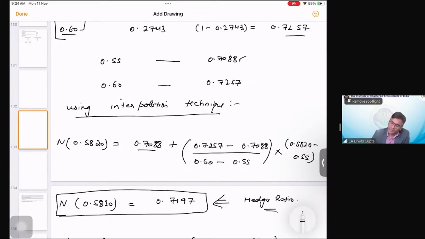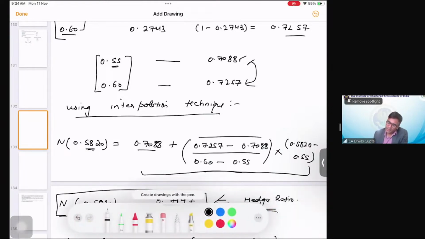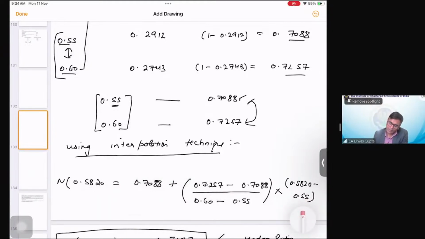Then you take the difference between higher and lower value in the numerator. Then in the denominator you take the difference between the observation values, 0.60 minus 0.55. And then finally you multiply by the difference from the small value to the value at which you want to arrive, 0.5820 minus 0.55, right? So this is the entire interpolation formula. Using this we have calculated the N value.